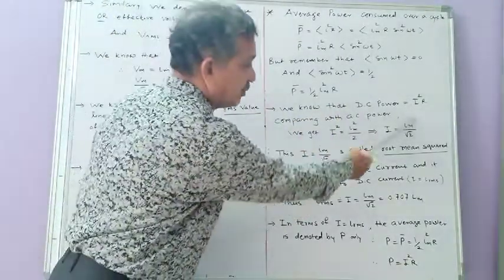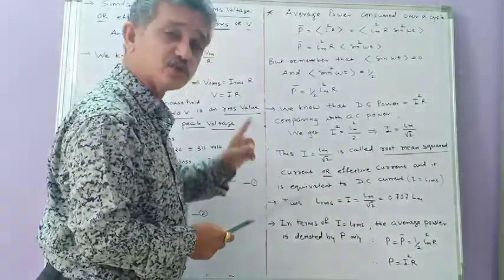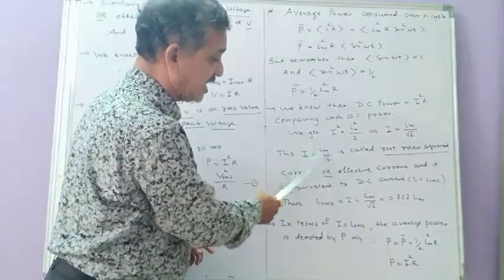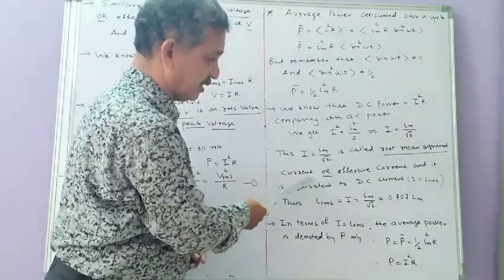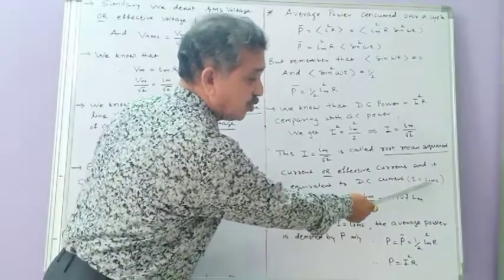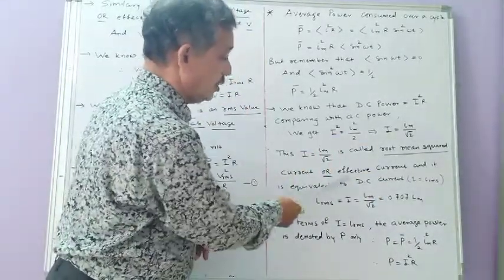And this Im upon root 2 is known as root mean squared current. So this I equal to Im upon root 2 is called root mean squared current. And this root mean squared current is symbolized by small I suffix RMS.